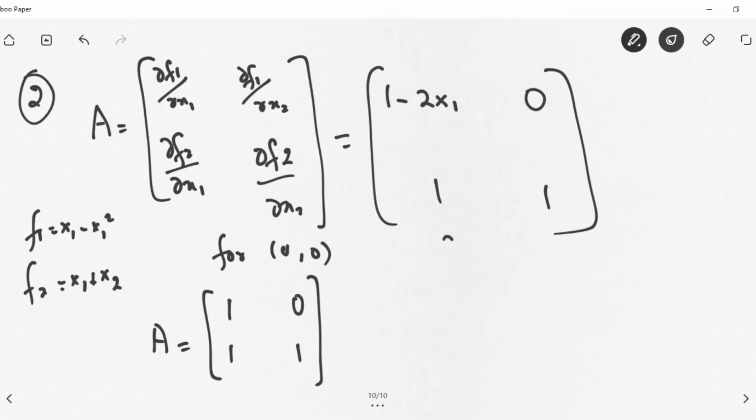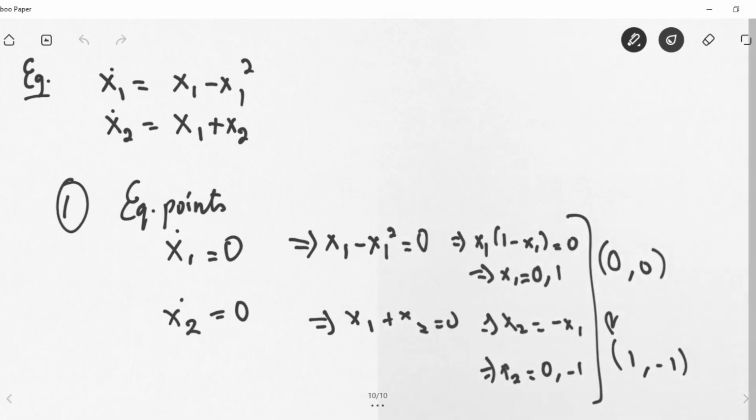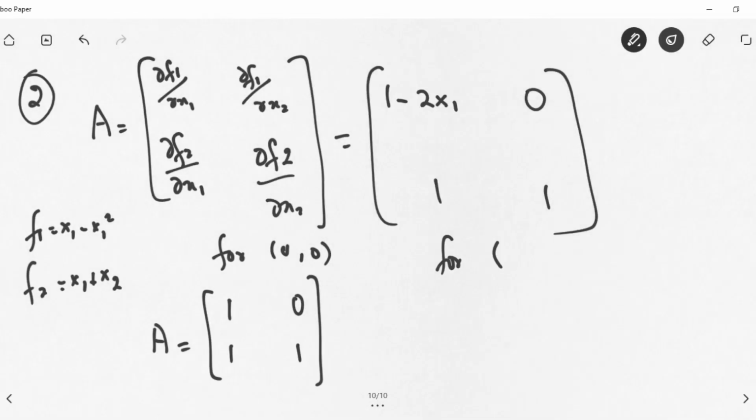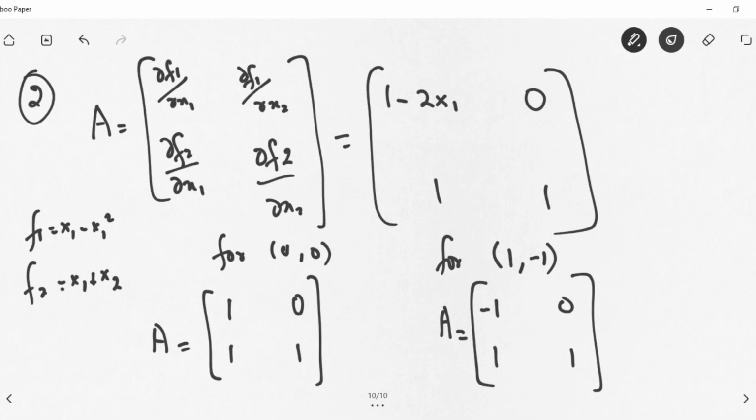And for (1, minus 1), when we substitute 1 here, this 1 minus 2 becomes minus 1, so [minus 1 0; 1 1]. So these are two A matrices.